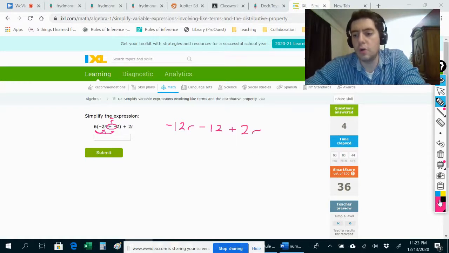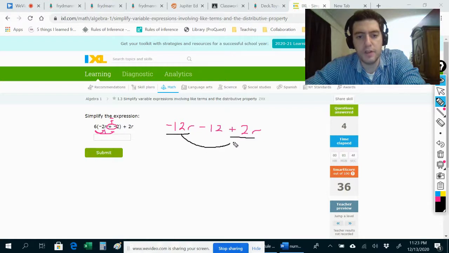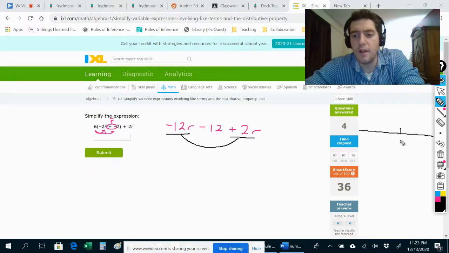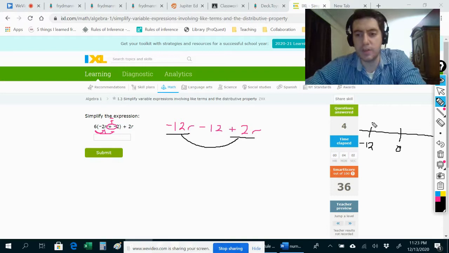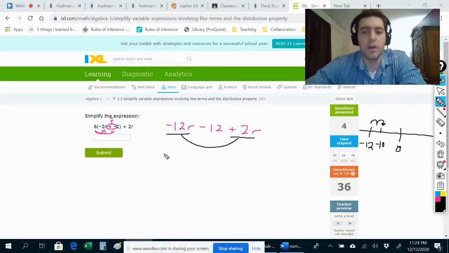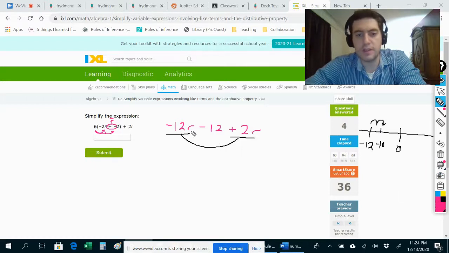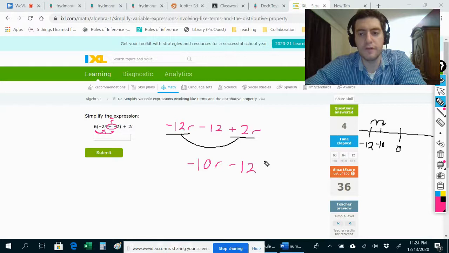Okay, and so now I can combine this with this because both of these have r's in them. And now I just have to think, what is negative 12 plus 2? Again, if you think of a number line, if you start at negative 12, and then add 2, that means you're going to go to the right 2 spaces, 1, 2, you would end up at negative 10. Okay, so this is going to give us negative 10r and then minus 12.